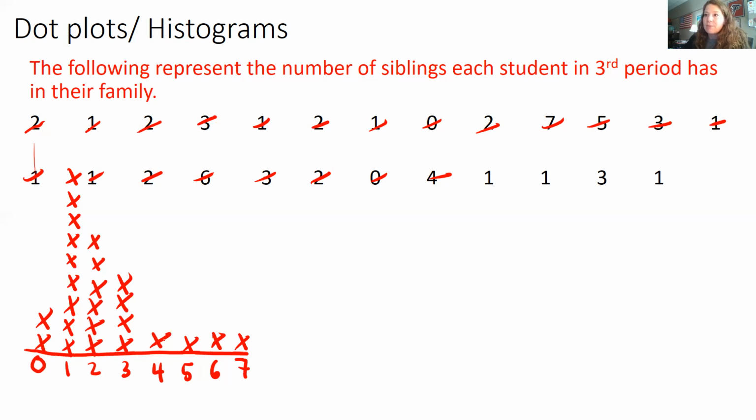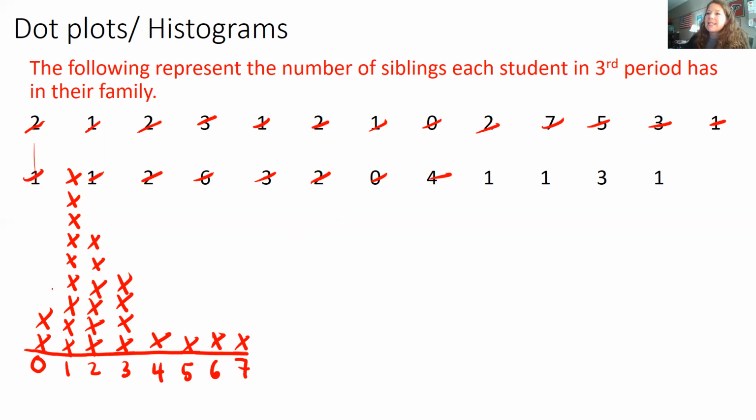So on my dot plot, if I want to see how many people were represented, I'm going to count the number of X's. 1, 2, 3, 4, 5, 6, 7, 8, 9, 10, 11, 12, 13, 14, 15, 16, 17, 18, 19, 20, 21, 22, 23, 24, 25. So I know I have all of the numbers represented.